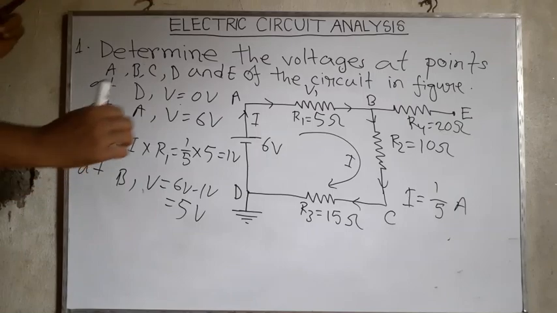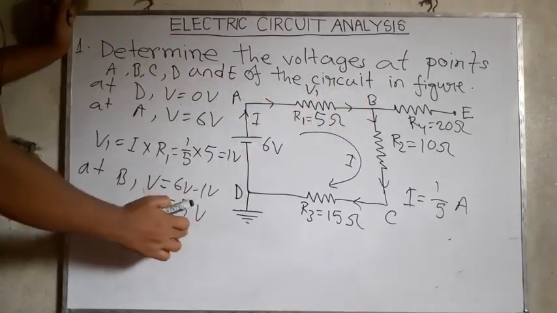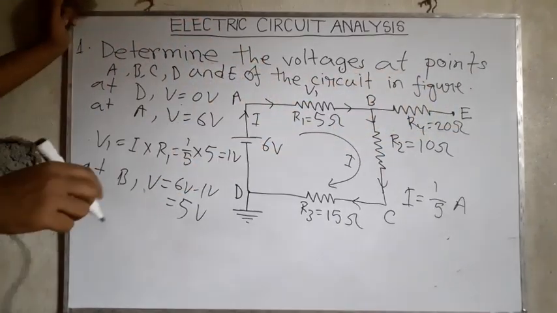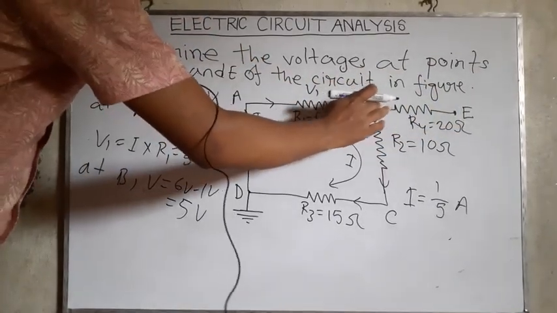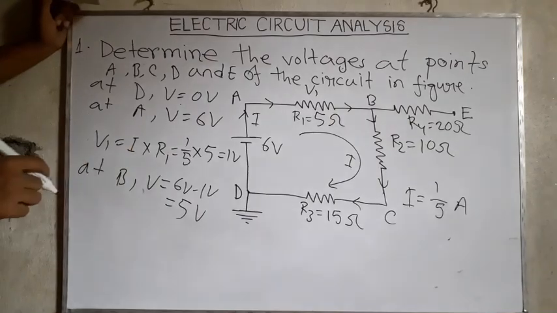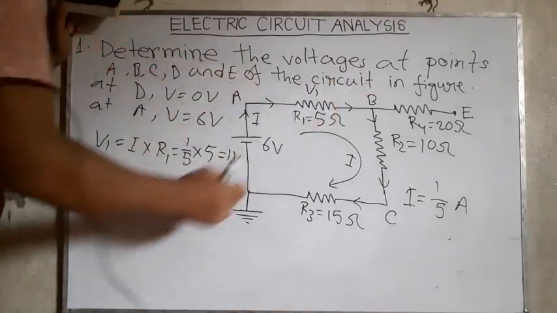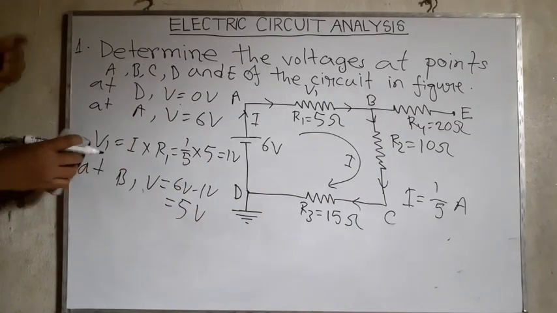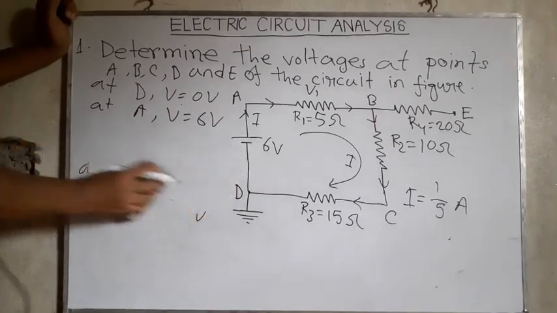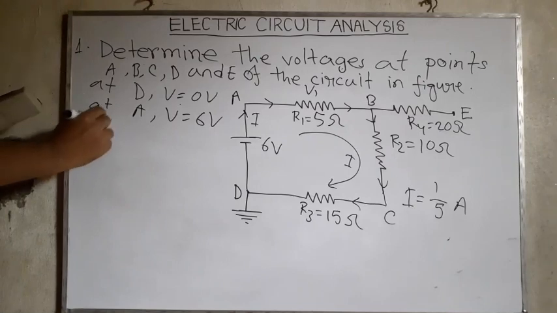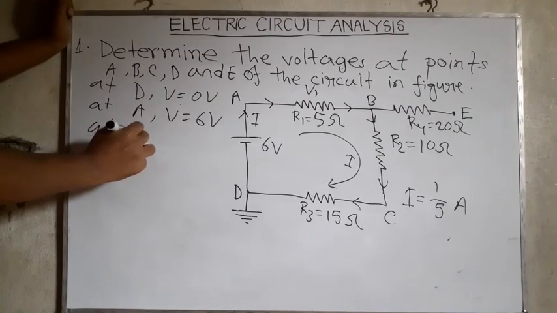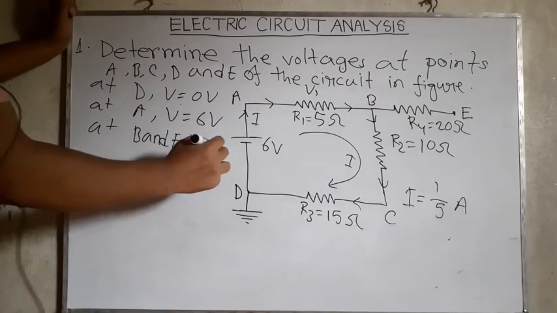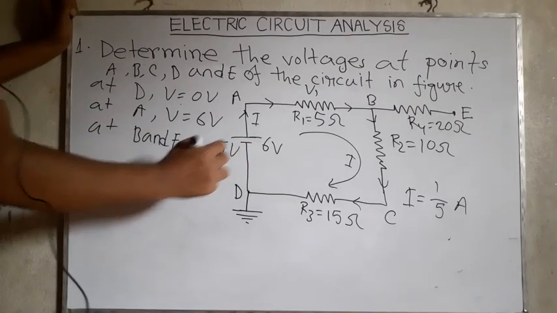As the potentials at B and E are the same because there is no current flow through the resistance R4, the potential at B is 5 volt and the potential at E is also 5 volt. Then we can write at B and E, V is equal to 5 volt.